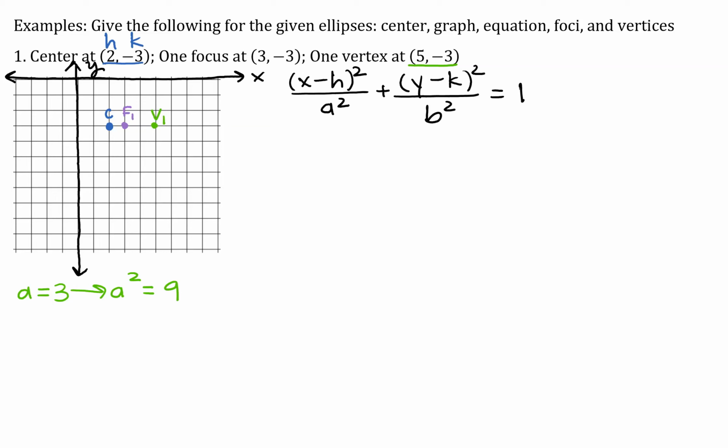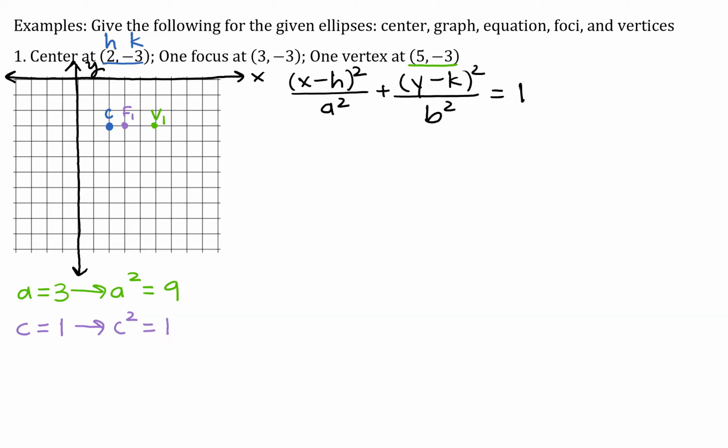And we also know the value of little c, because little c represents the distance from the center to a focus. And we can see that the distance from our center of 2, -3 to our focus at 3, -3 is 1. And so little c squared is equal to 1.